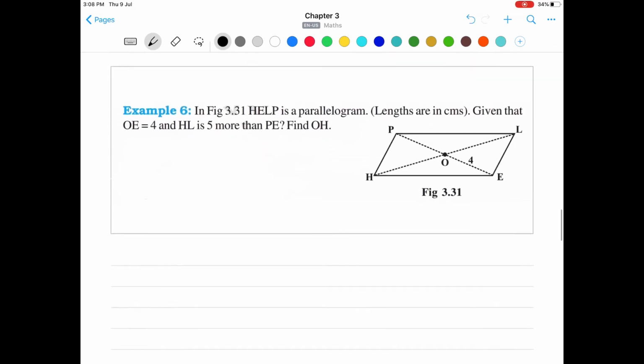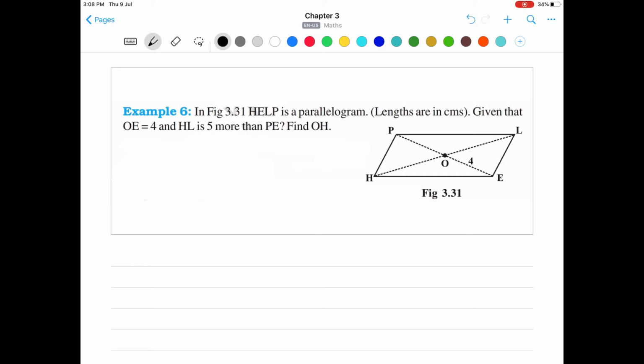Now moving to the next example, example number 6, which is: in figure 3.31, HELP is a parallelogram. Lengths are given in centimeters.